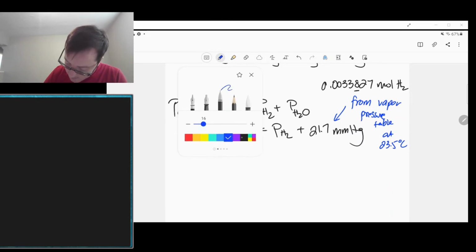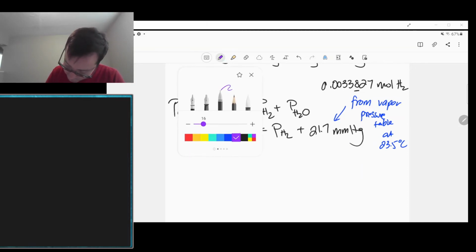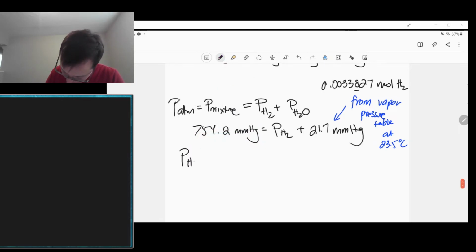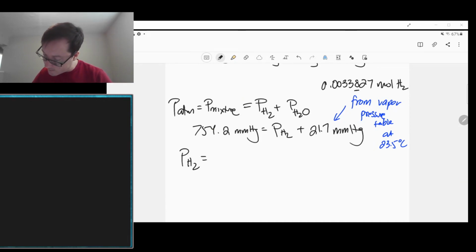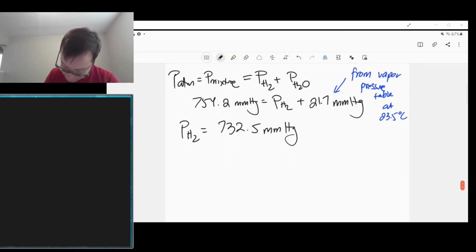So that means of this mixture, the pressure of hydrogen will be equal to 754.2 minus 21.7, which is 732.5 millimeters of mercury. All right, and so that pressure comes from hydrogen only, which means if we plug this into the gas law, then we're only solving for moles of hydrogen. Let's take a look at how that looks.